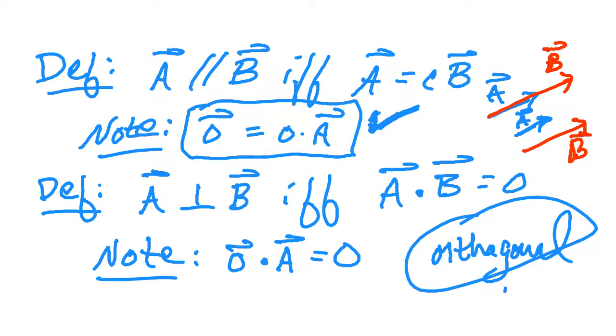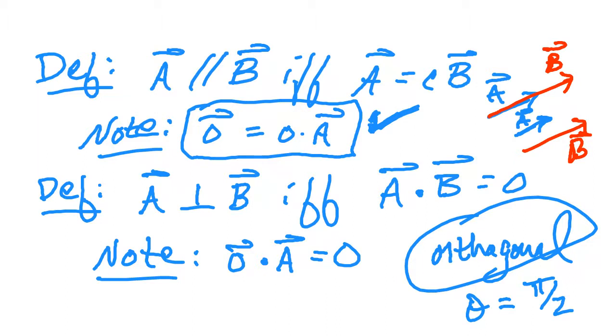If their dot product is 0, then they're perpendicular to each other, which means that theta in between is going to be equal to pi over 2, or 90 degrees, exactly, or pi over 2 radians.